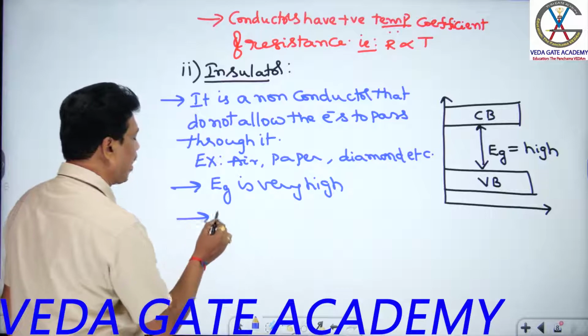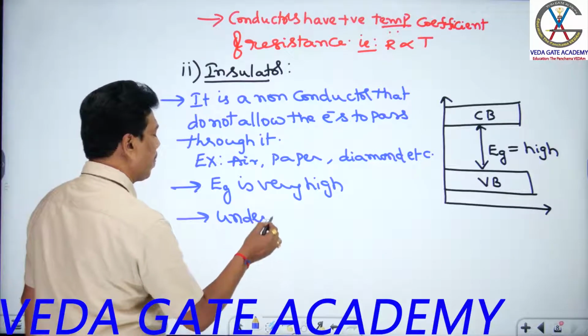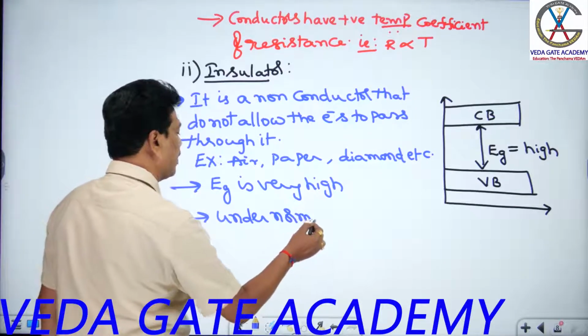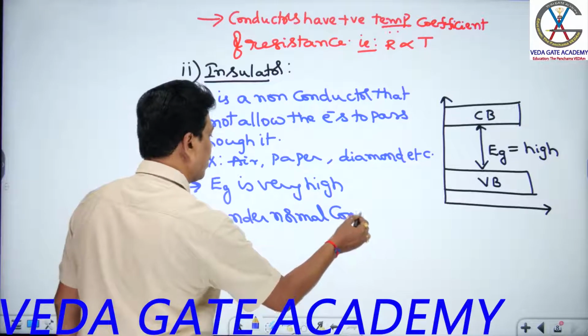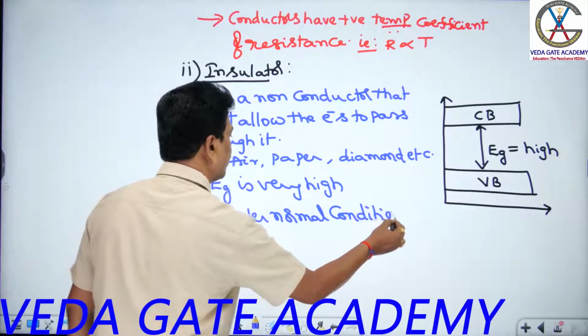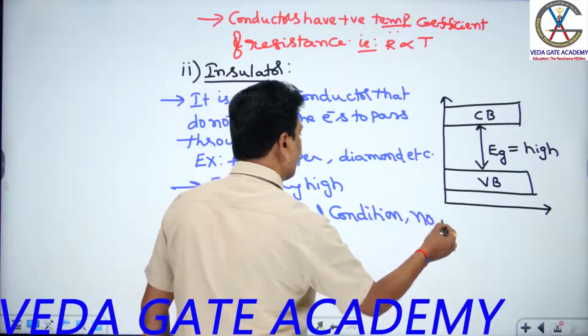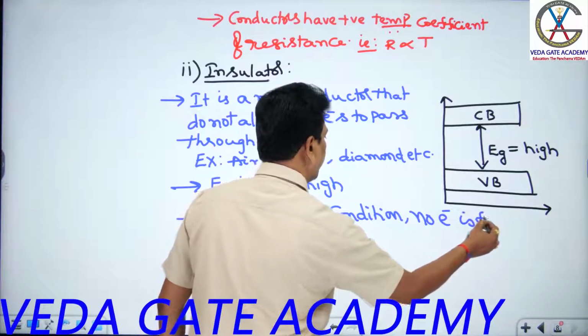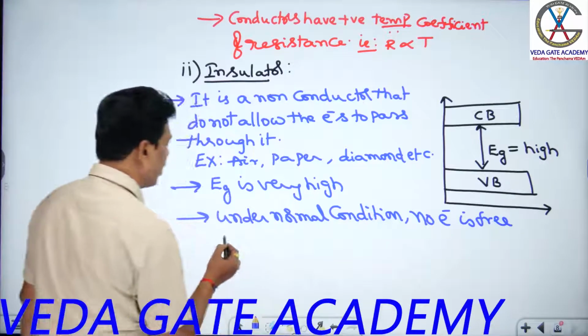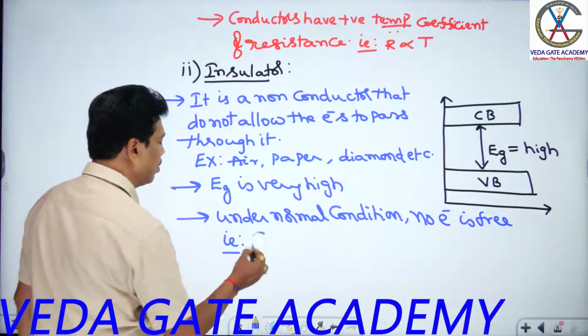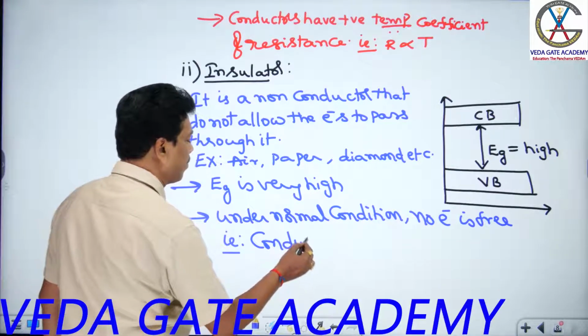Okay. Under normal condition, what did I tell you, students? Under normal condition, no electron is free. That is, the conduction band is empty.